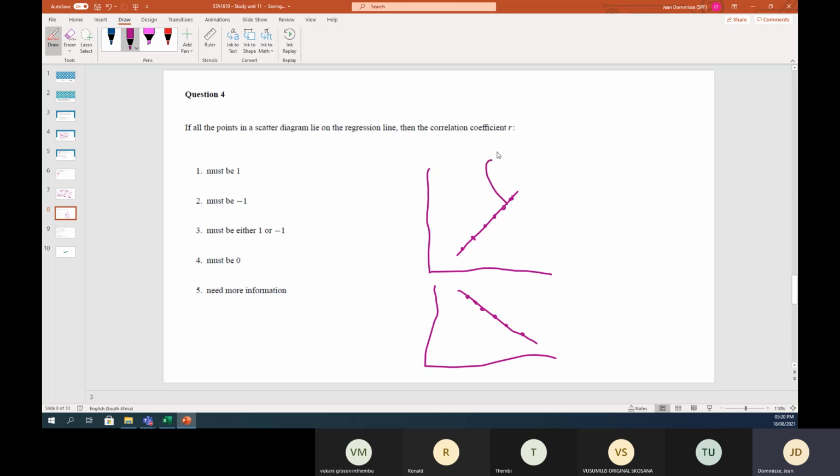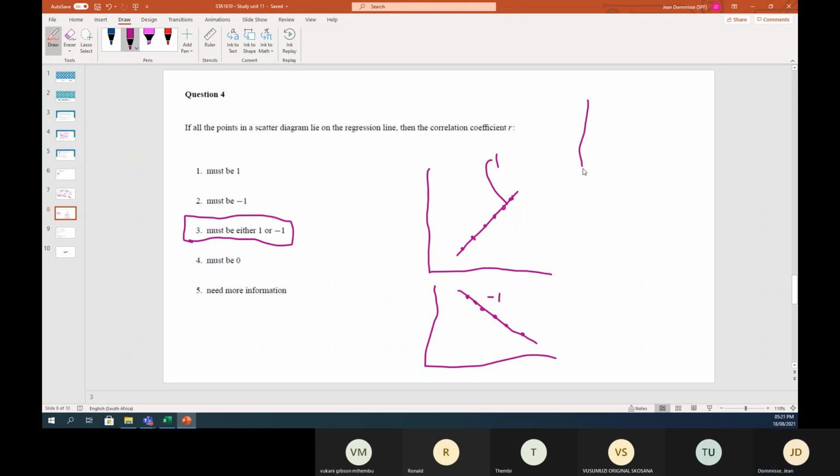And then that perfect correlation is either 1, where the slope is positive, or -1, where the slope is negative. So it must be 1, yes, but it must also be -1. It must be either positive or negative. I would have gone for 1, but forgetting that there is another one.